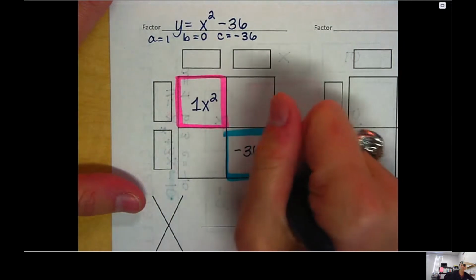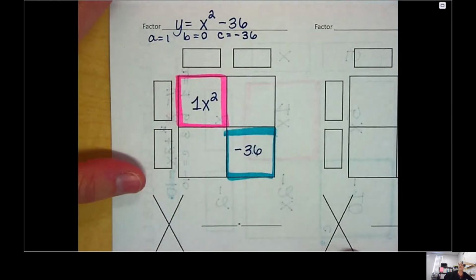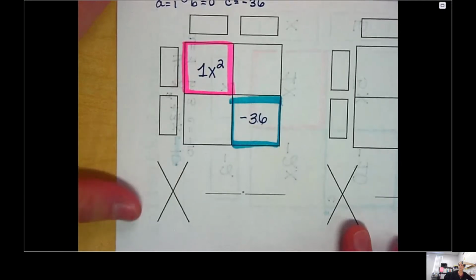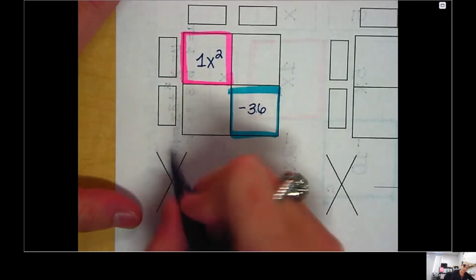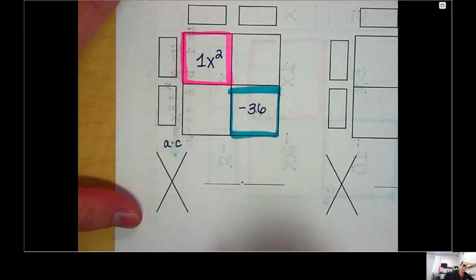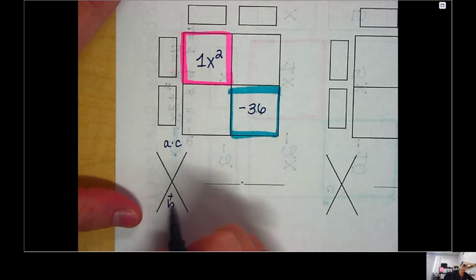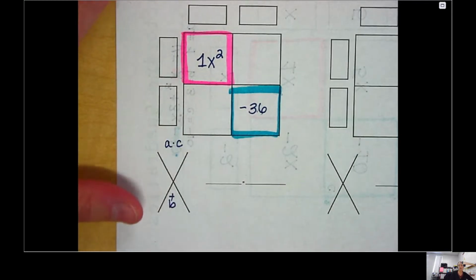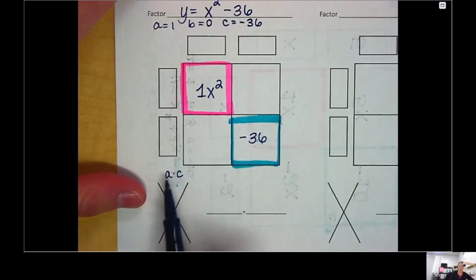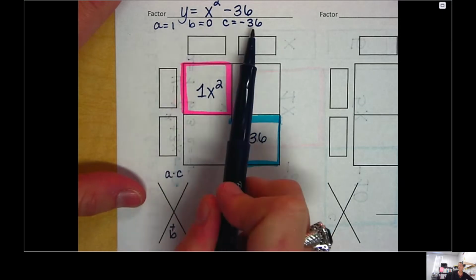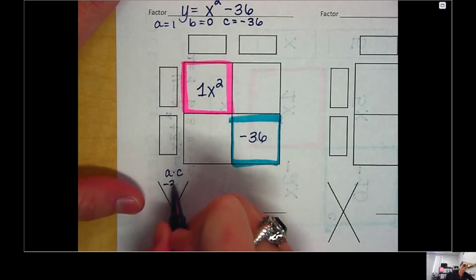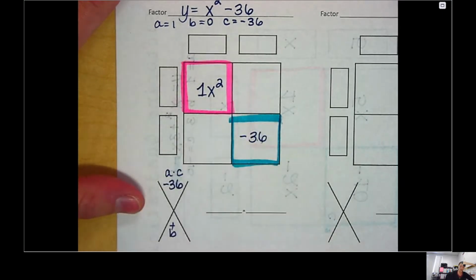-36. Okay. So I need to come up with two numbers that multiply to give me A times C and add up to give me B. So what is your A times C value? 1 times -36 is -36. So 6 times -6.